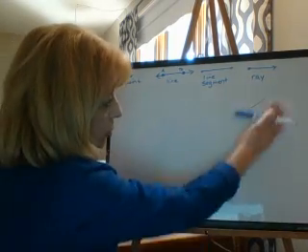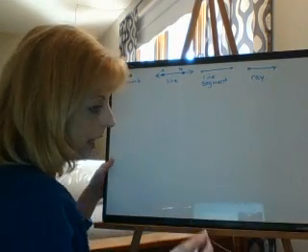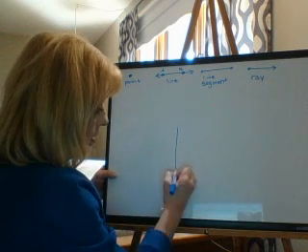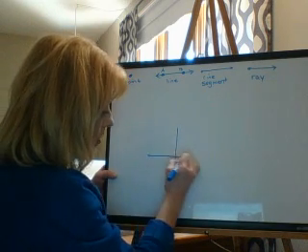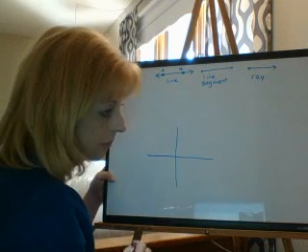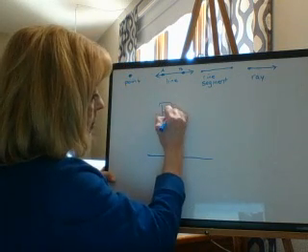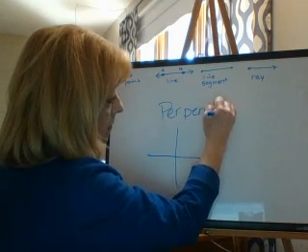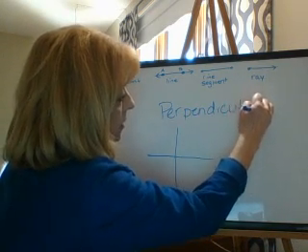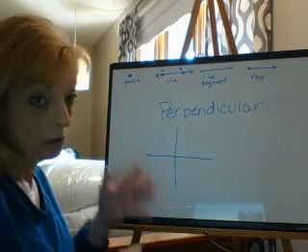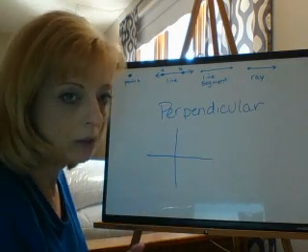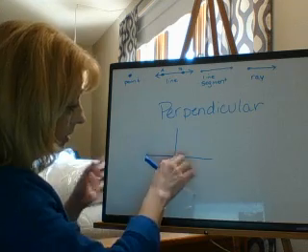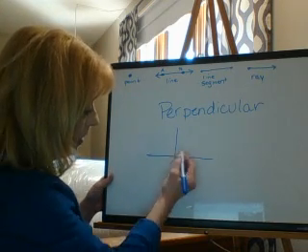If 2 lines cross and make a perfect 90-degree corner like a plus sign, these are called perpendicular. Perpendicular lines do intersect, but they're special kinds of intersecting lines because they make this perfect angle right here.